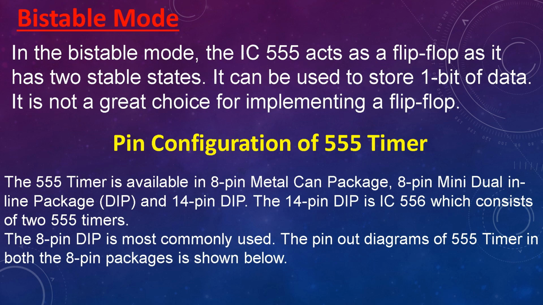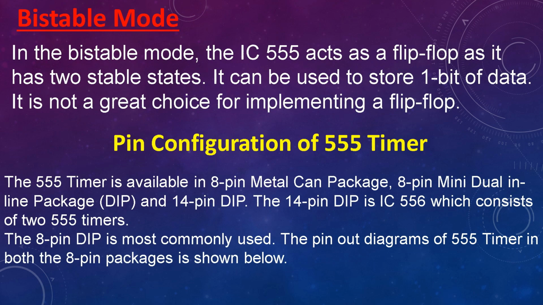Pin configuration of 555 timer. The 555 timer is available in 8-pin metal can package, 8-pin mini dual inline package, DIP, and 14-pin DIP. The 14-pin DIP is IC 556, which consists of 2 555 timers.